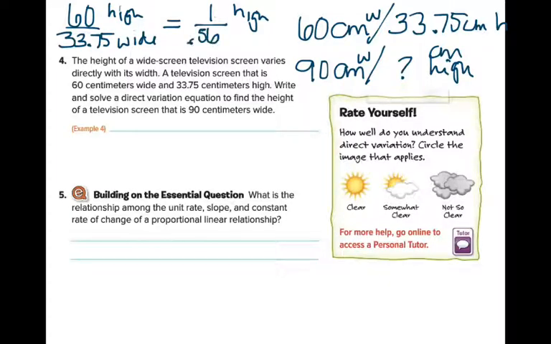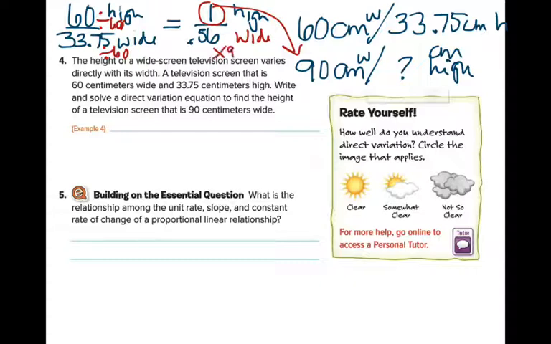So again, all I did to get the unit rate, I needed the 60 to become a 1, so I divided by 60. Divided the numerator by 60 and my denominator by 60. Okay? And I got, for every centimeter high, it's 0.56 wide. So I can relate that over to this situation. So 1 times 90 gets me my 90 centimeters high.